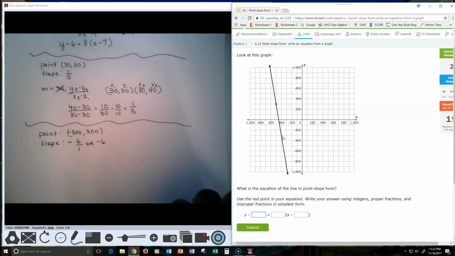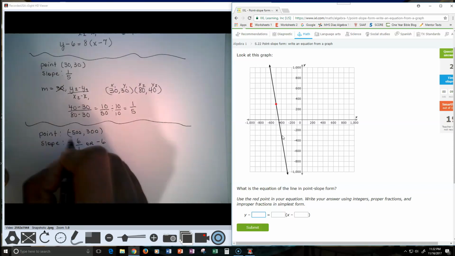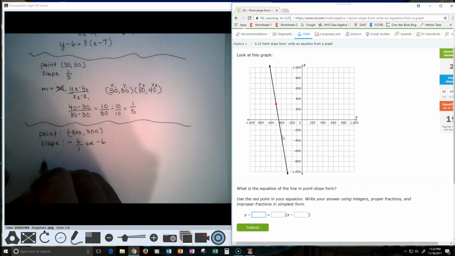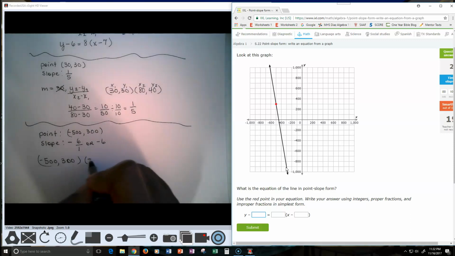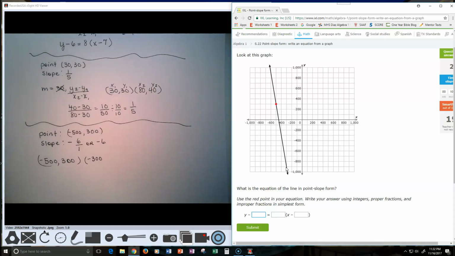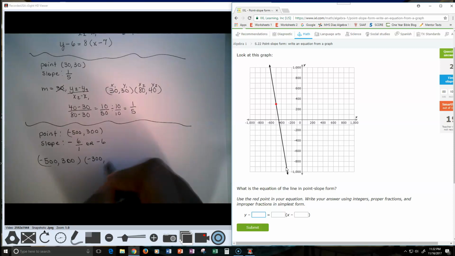Let's grab some ordered pairs to make sure that we're right. So we're going to use negative 500, 300 as one ordered pair. And remember, I'm just doing this to check and make sure that my slope is correct. And I'm going to use negative 300, negative 900.